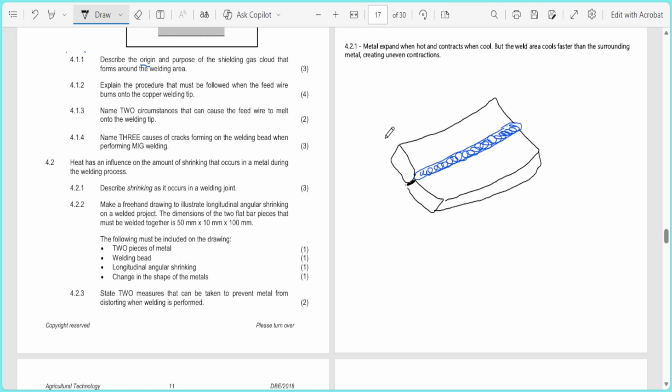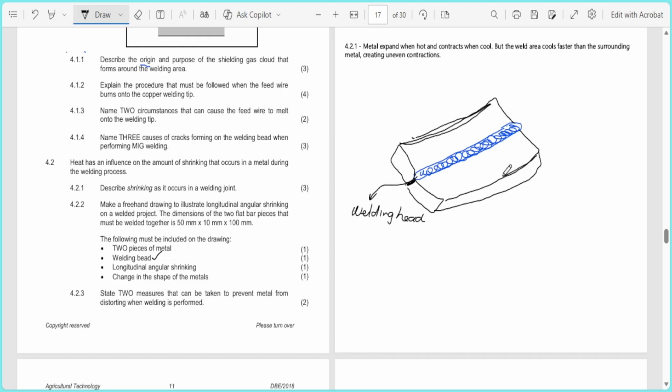Okay, so they want us to show what? The welding head, which we do have, by the way. It's this. Label it as the welding head. Now we need the longitudinal angular shrinking. Okay, so this is the longitudinal angular shrinking I was referring to.